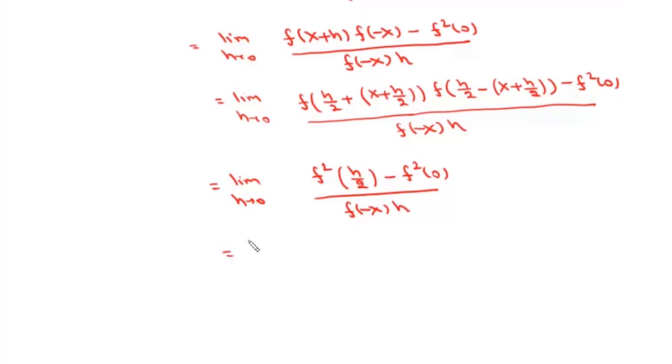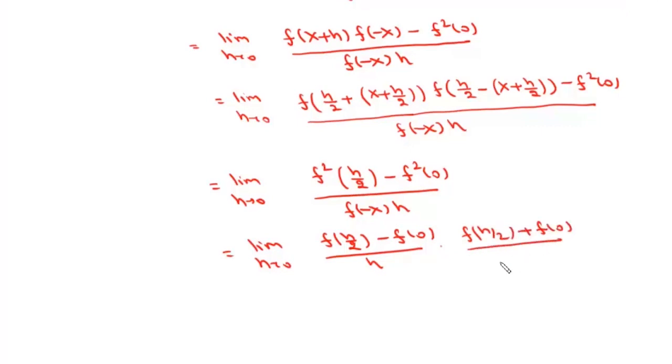Now we'll use a plus b into a minus b, so we can write limit h tends to 0, and this is f(h by 2) minus f(0) upon h, and we'll write this as f(h by 2) plus f(0) upon f(minus x). Now this is nothing but f dash 0 if we multiply and divide it with 2. So it is 1 by 2 f dash 0, and here it is 2 f(0) upon f(minus x).